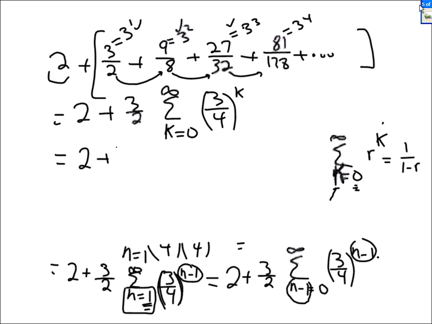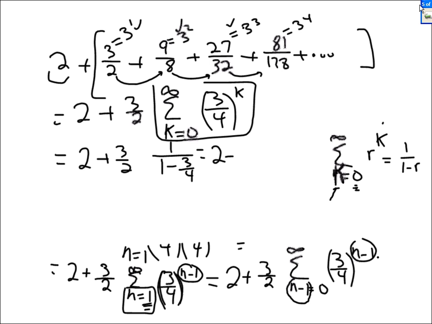So it's 2 plus 3/2 times this, but that is 1 over 1 minus 3/4. 2 plus 3/2 times 1 over 1 minus 3/4, which is 1/4.